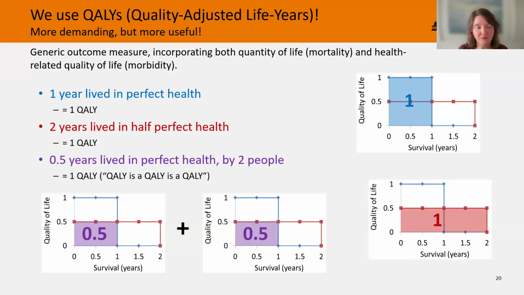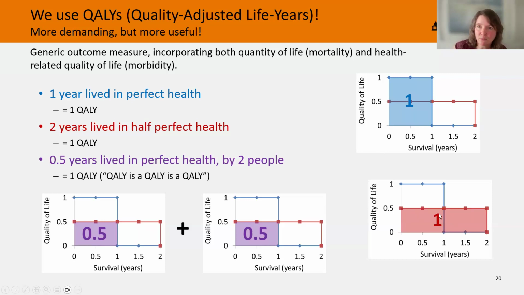So I've got some slightly pointy curves here for you. So the blue one on the top right is 1 QALY. So this area is 1 times 1 equals 1. So we've got survival of 1 year in this perfect health state. So perfect health means that you have a quality of life score of 1.